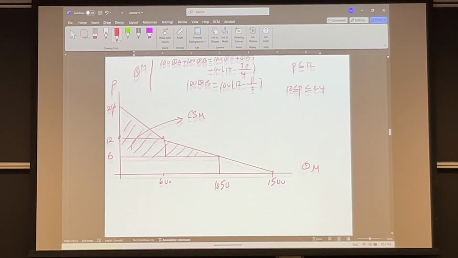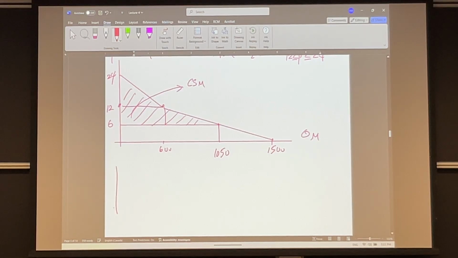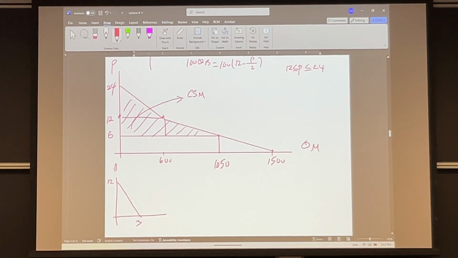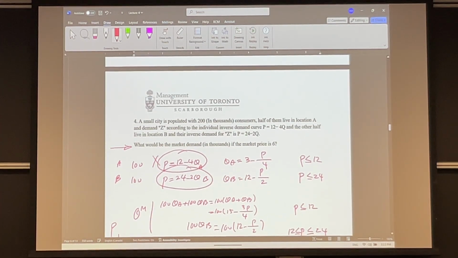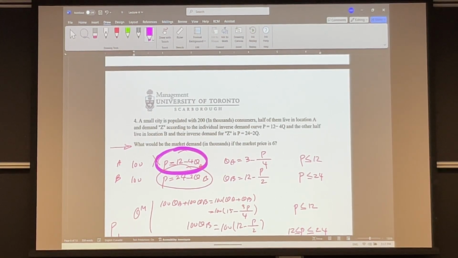So I'm going to use the individual approach. This is 12, that is 3. That is demand for A. I graph this one. When the price is 6, how much does this guy demand? You put 6 there, what do you get? 1.5? 1.5.